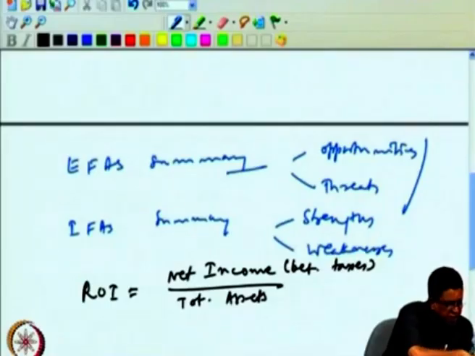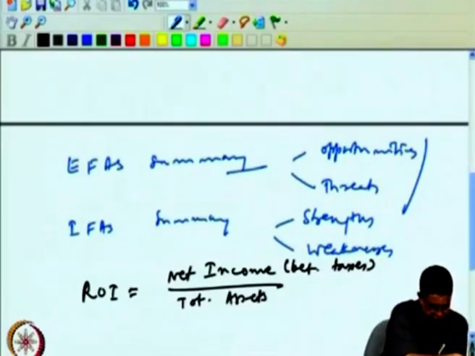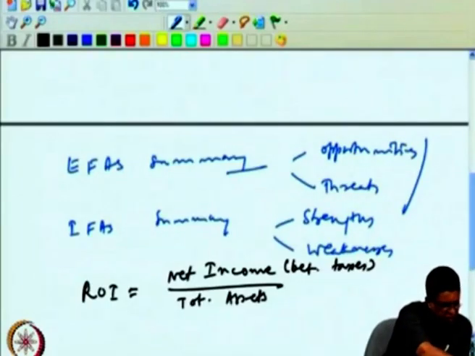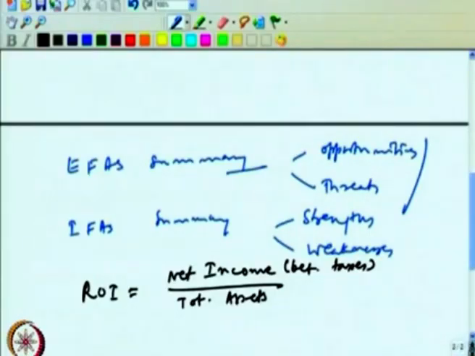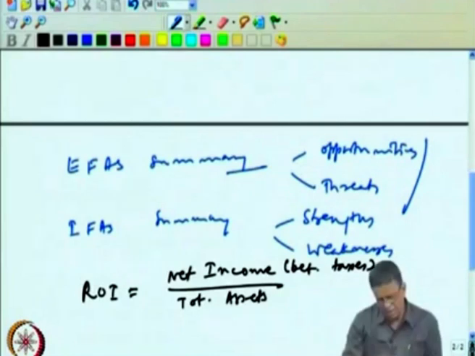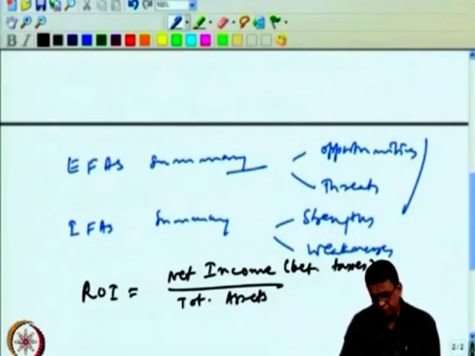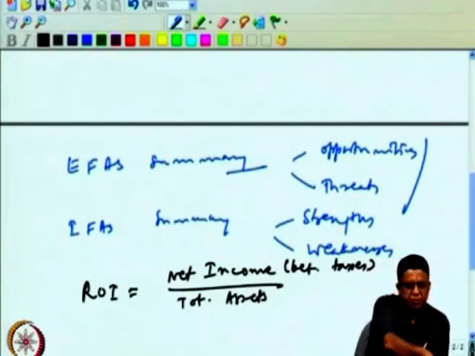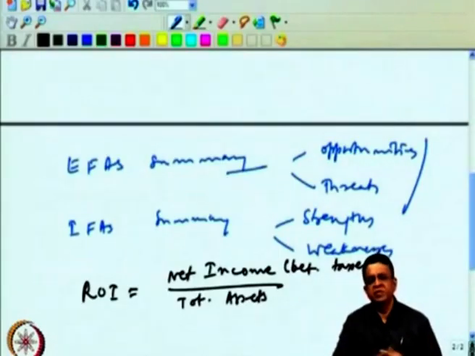Just look at the type of... try to think rationally before looking at what is the type of ROI you expect. Suppose you put your money, let us say, in a fixed deposit in a bank.